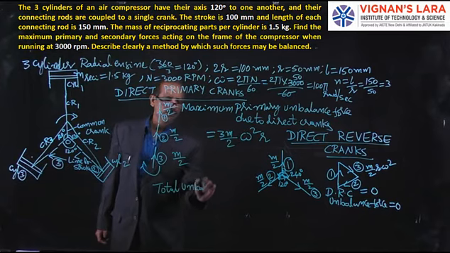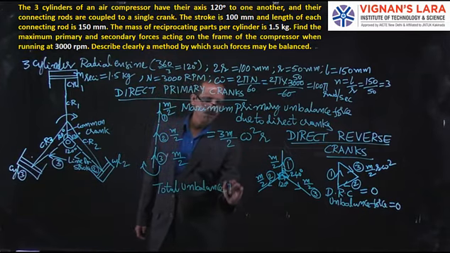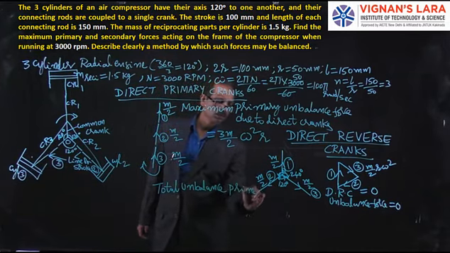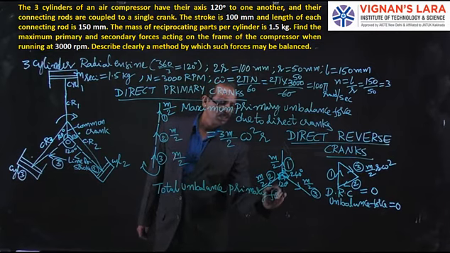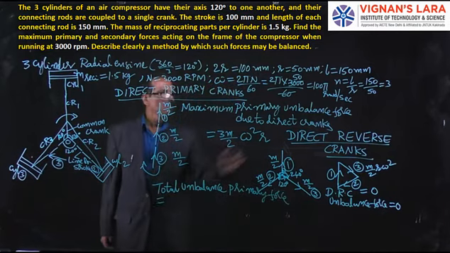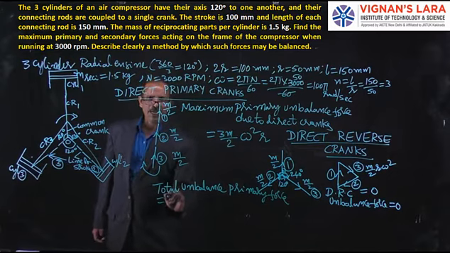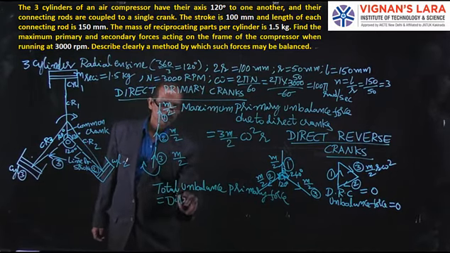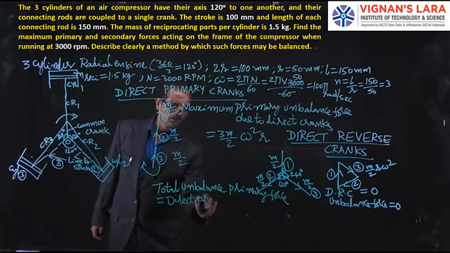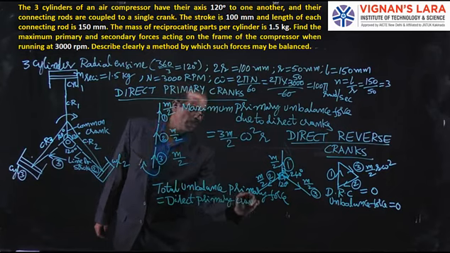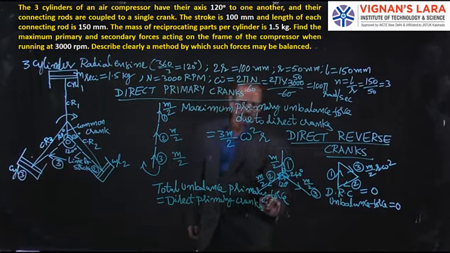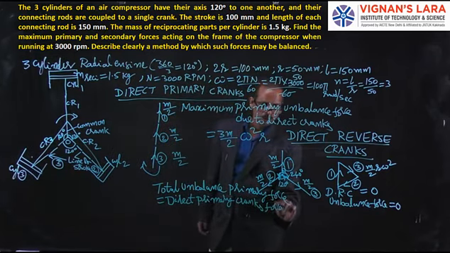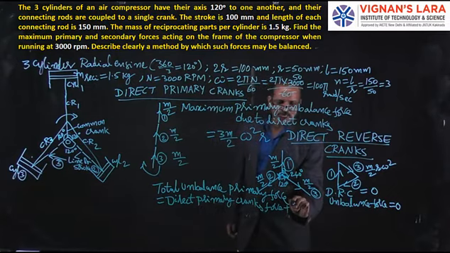Then what is the total unbalanced primary force, which is equal to unbalanced direct primary cranks force plus direct reverse cranks.